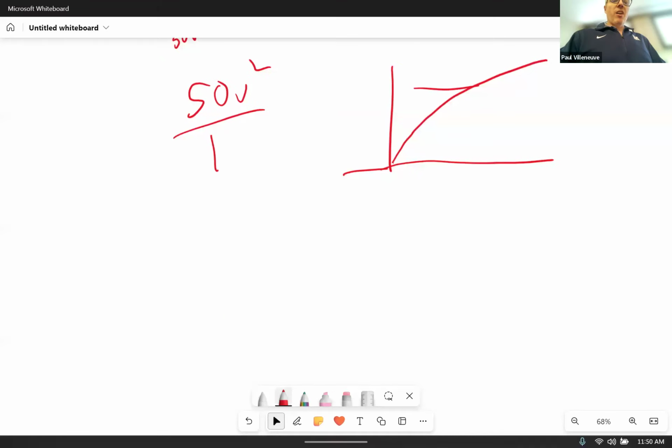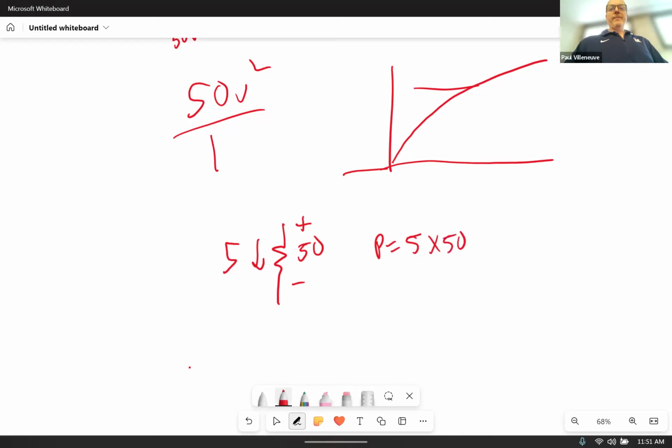If I redraw that resistor, what's the voltage here? What's the current? It's given that that resistor is 1 ohm. So how do you have 5 amps given 50 volts?